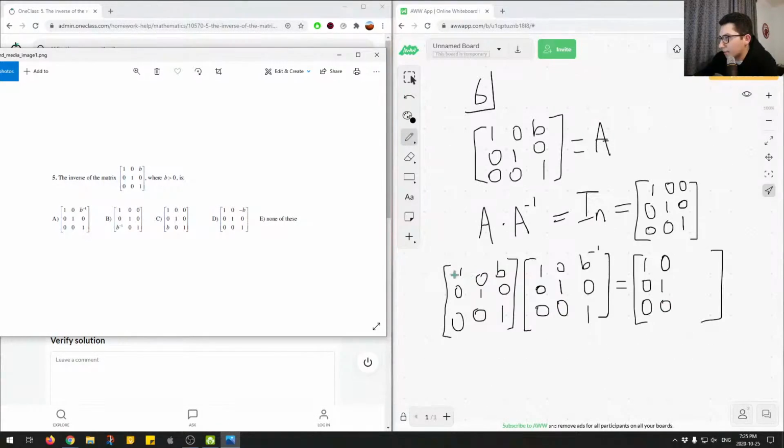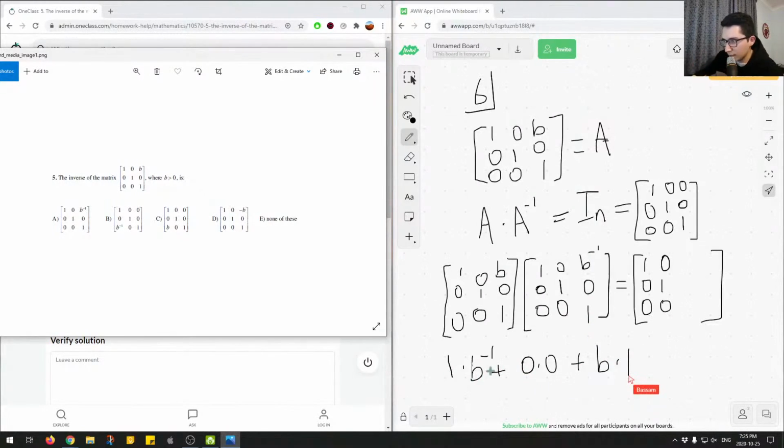So here we have row 1, 1 times b. So here we have b to the minus 1, 1 times plus 0 times 0 plus b times 1.